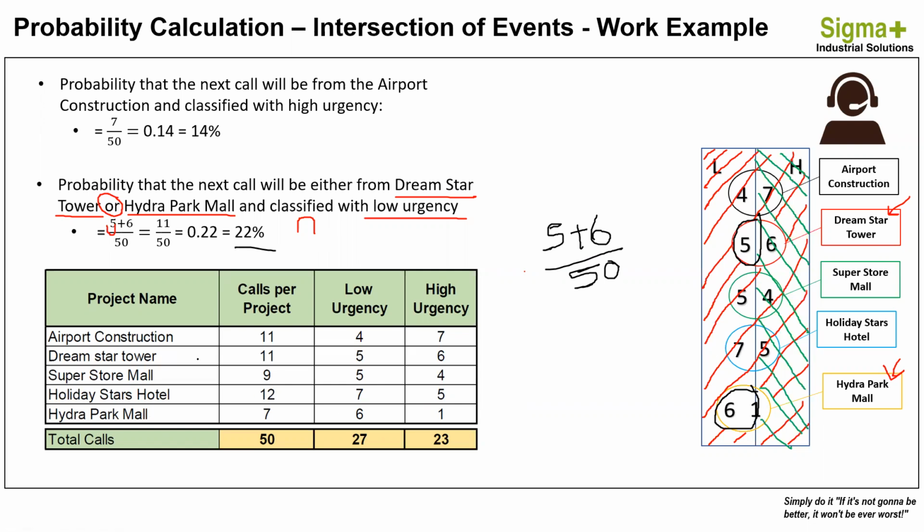And again, if I want to utilize the contingency table to calculate the probability, I will simply highlight the row related to the interested events, the Dream Star Tower and the Hydra Park Mall.